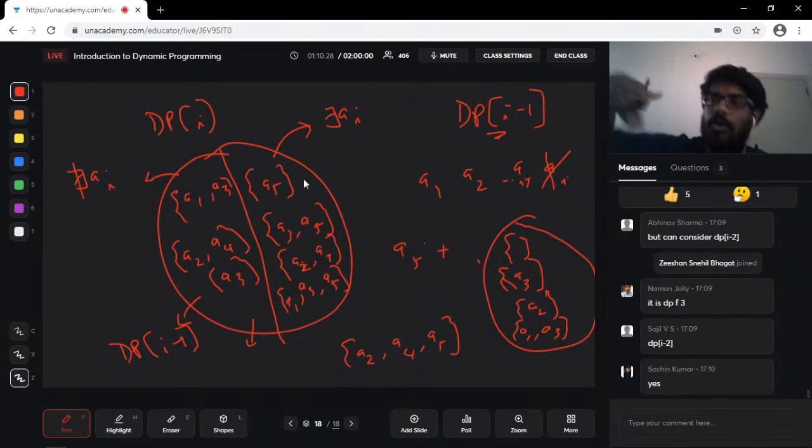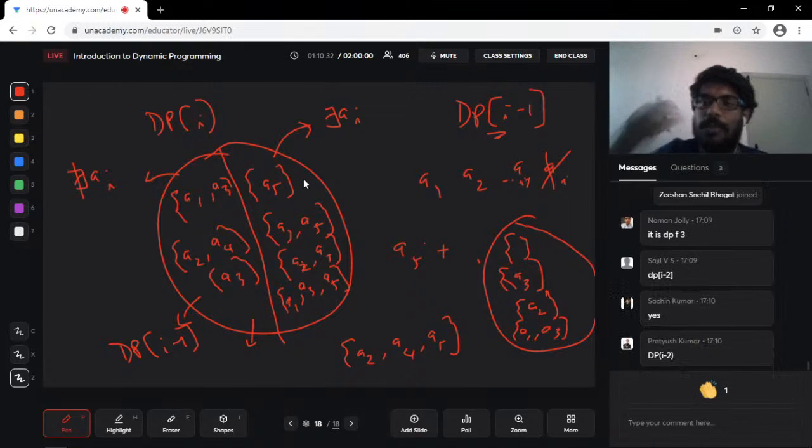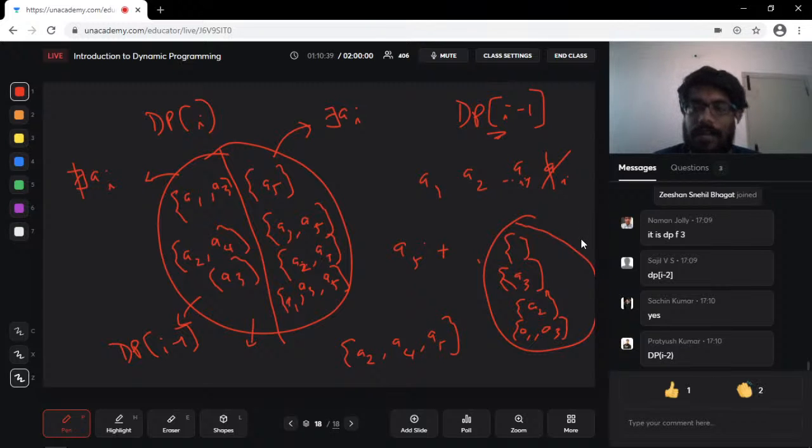So now when I took out ai, ai is not there and ai minus 1 is not there, which means these are subsets of a1 to ai minus 2, right? And the max of that would be dp of i minus 2.